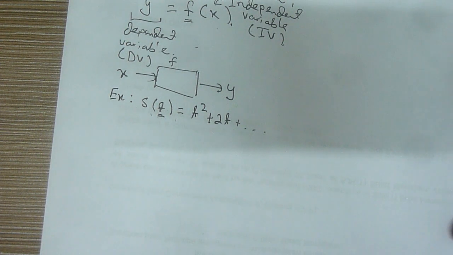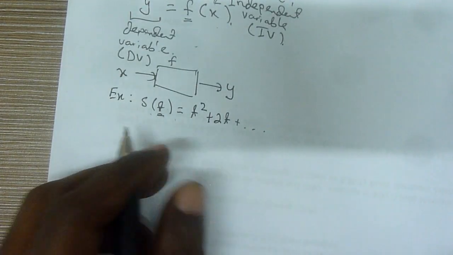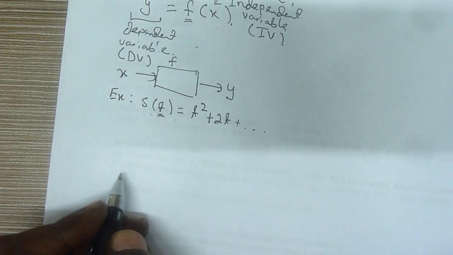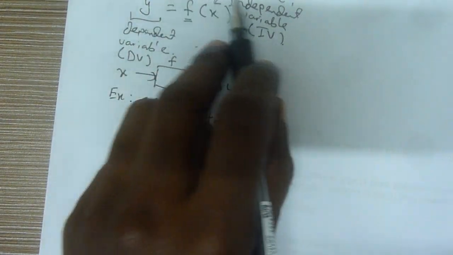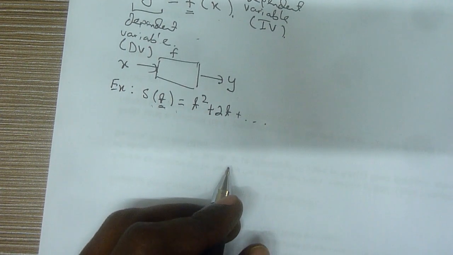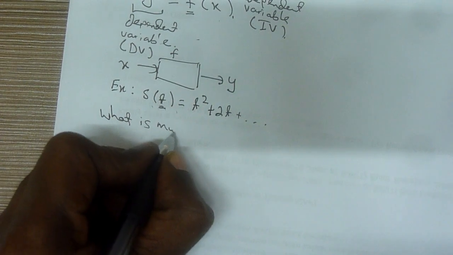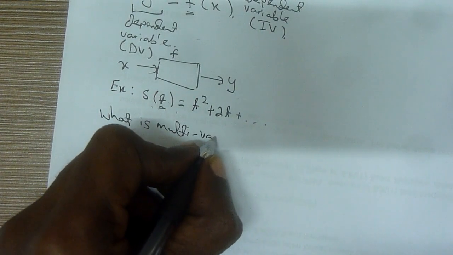Now, when we define one variable, definitely you will be able to ask this question: what if there is a single variable, are there multiple variables as well? Yes. Therefore, what is multivariable?